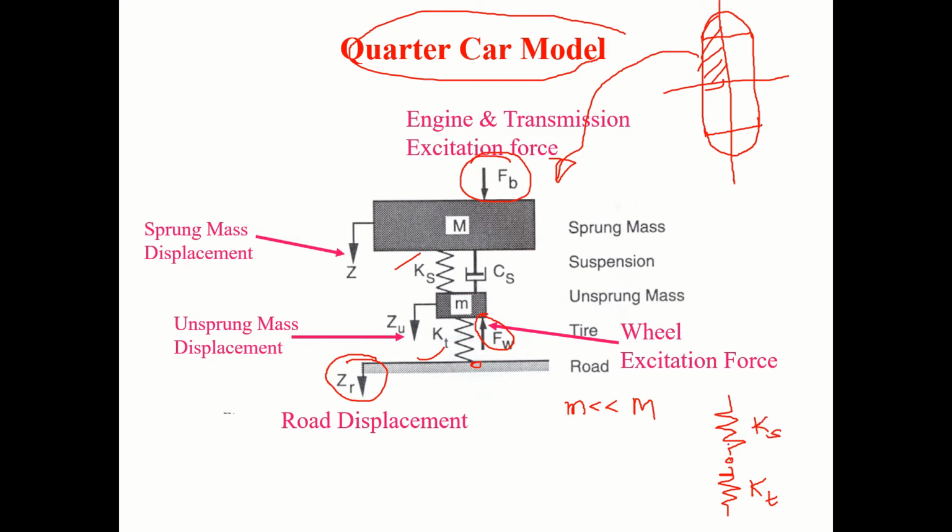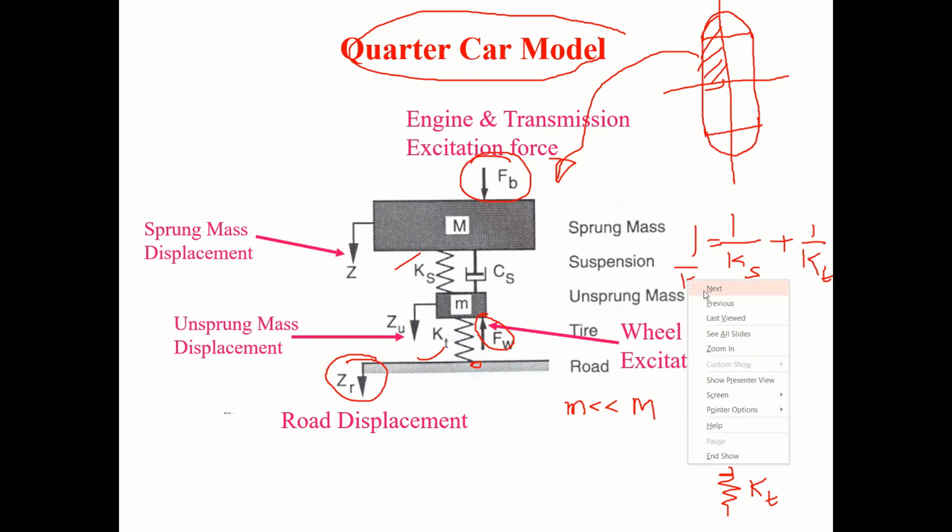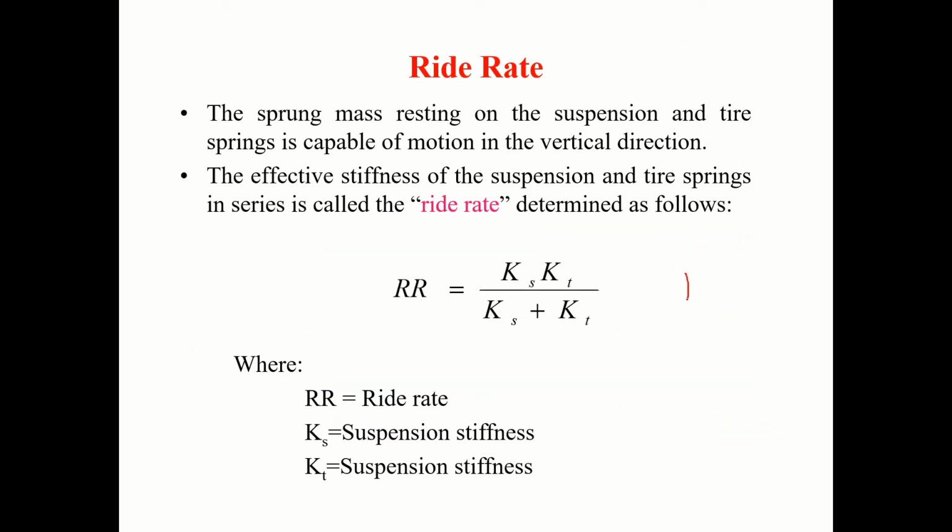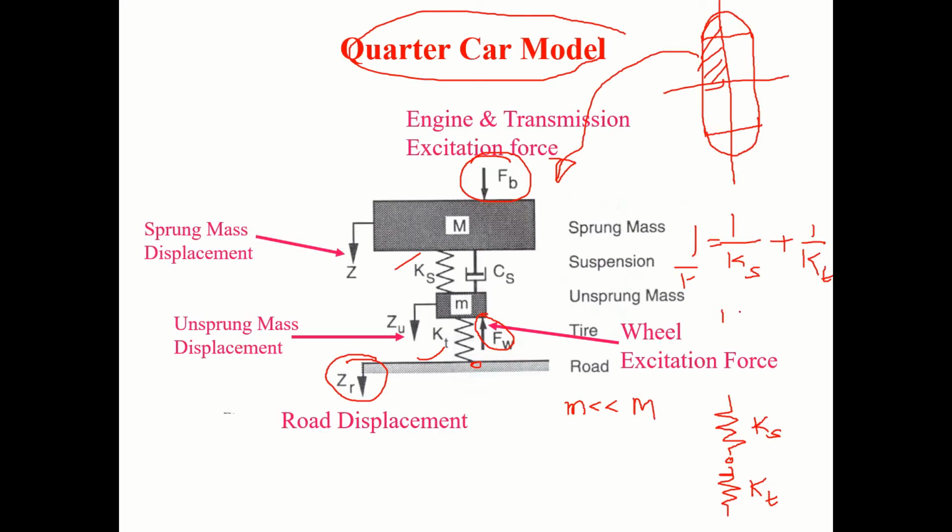These two springs are in series, which is like resistances in parallel. So 1 by Ks plus 1 by Kt is equal to 1 by K. So K equals Ks Kt divided by Ks plus Kt.